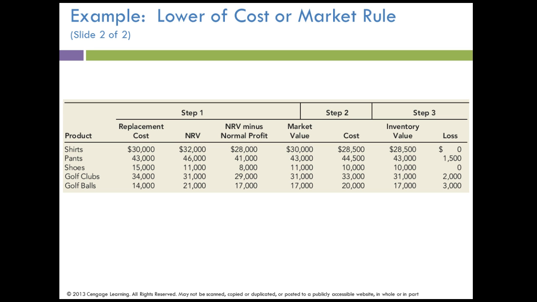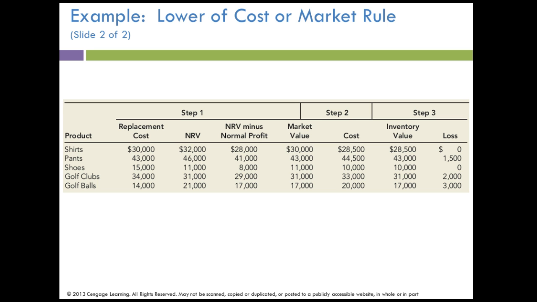So you see here, the ceiling is at $31,000, the floor is at $29,000, and our cost is $33,000. So we're going to take the ceiling, the net realizable value, because we can take anywhere in between that, but we're going to need to take the net realizable value and write that off for $2,000.